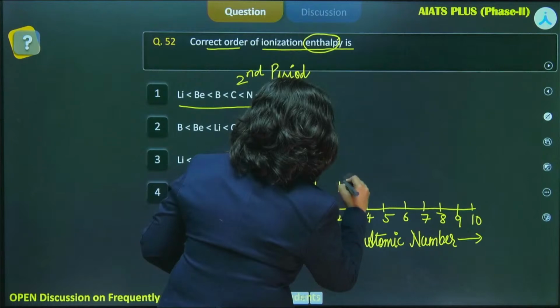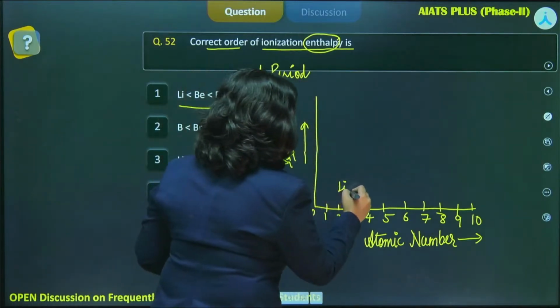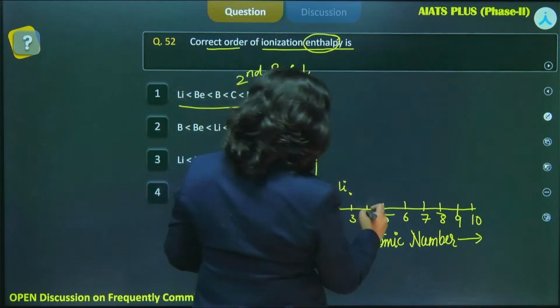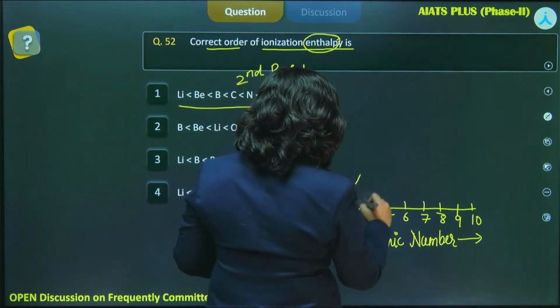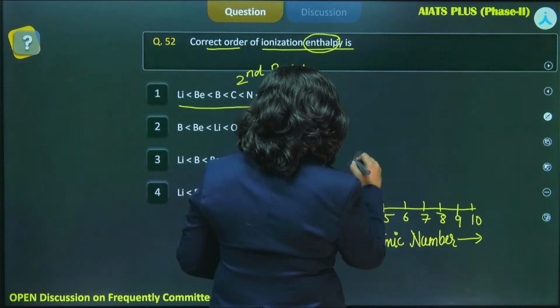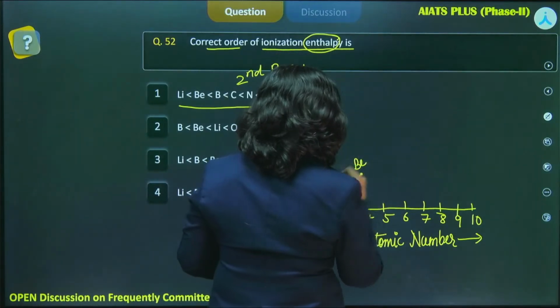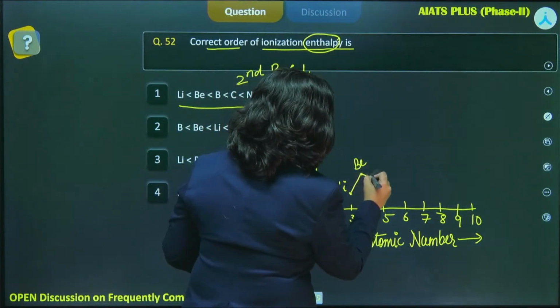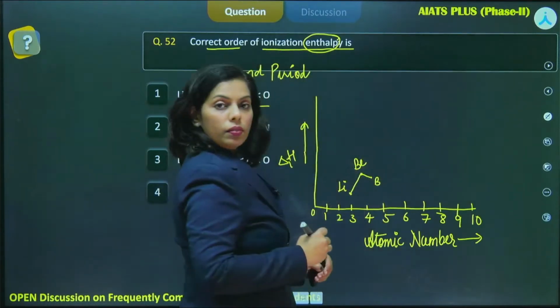So this is, say, lithium, 520 kilojoule per mole somewhere here, okay. Now the turn comes for beryllium, so it is increasing, and for beryllium, say here. Now for boron, it is a bit less, right?